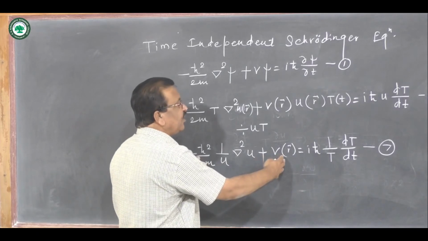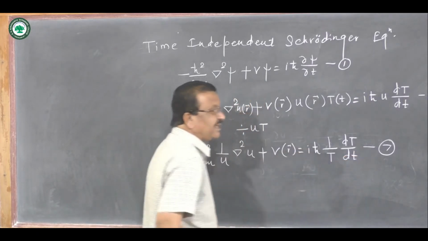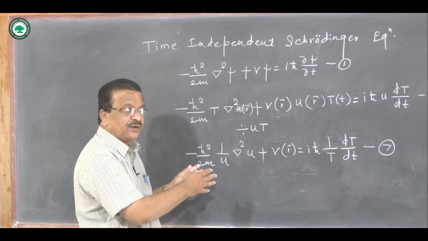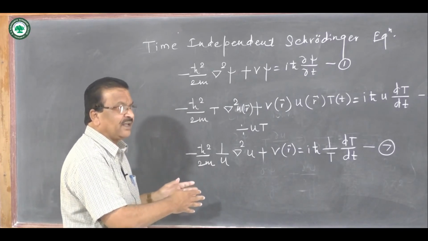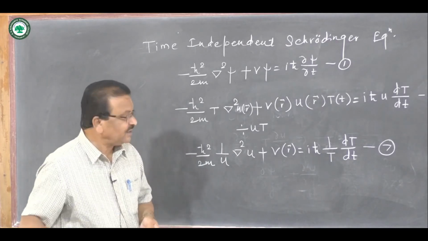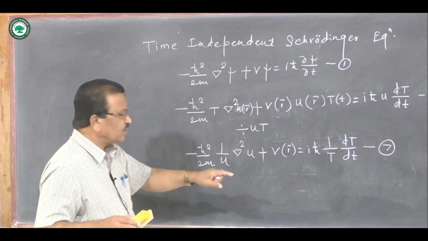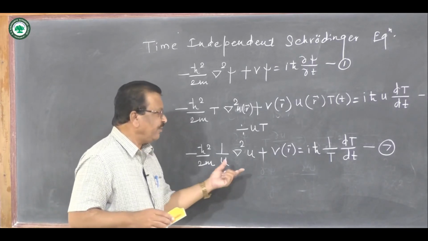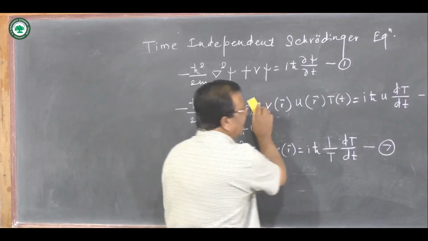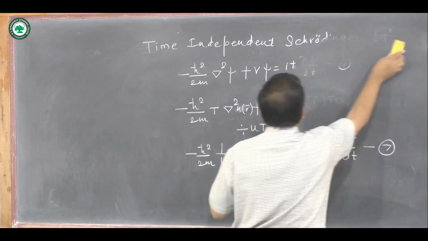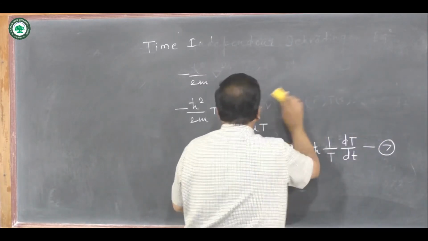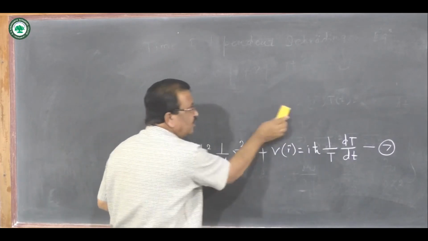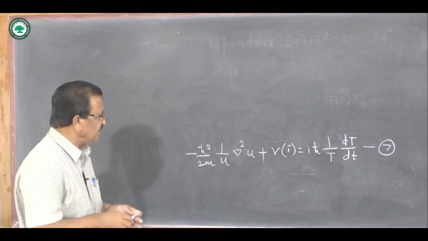LHS depends only on position coordinate r and RHS depends only on time t. So the independent variables r and t have been separated, and therefore I am going to equate each side to some constant.